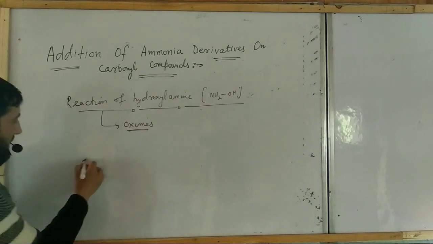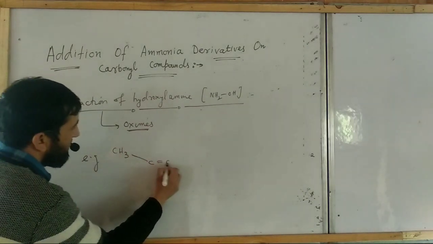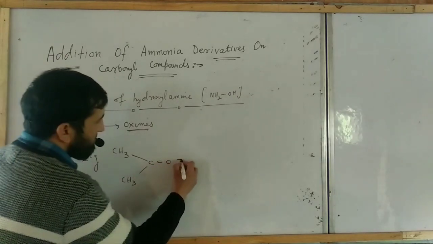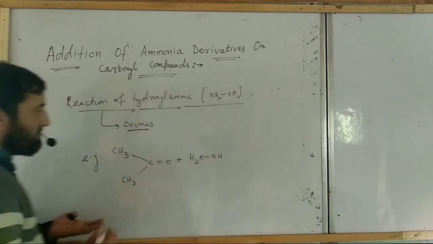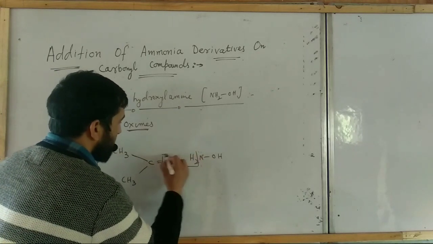For example, if we take the example of acetone, that is CH3 C double bond O single bond CH3. When this acetone reacts with hydroxyl amine like this NH2OH, first of all, there occurs the elimination of this water molecule.